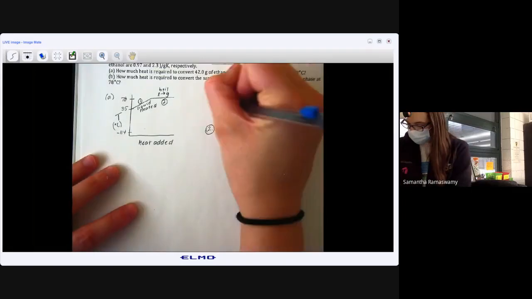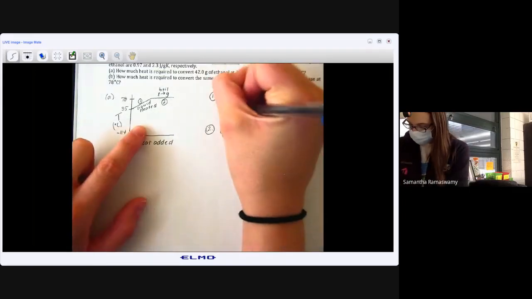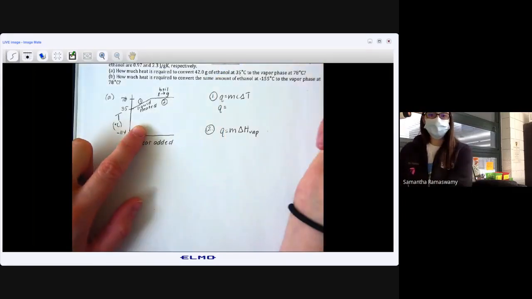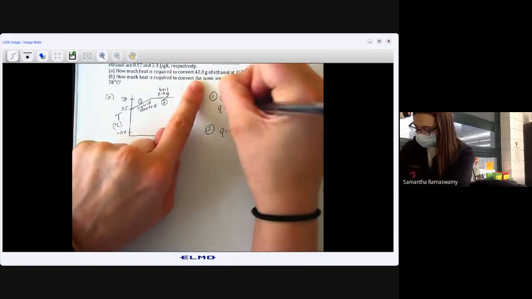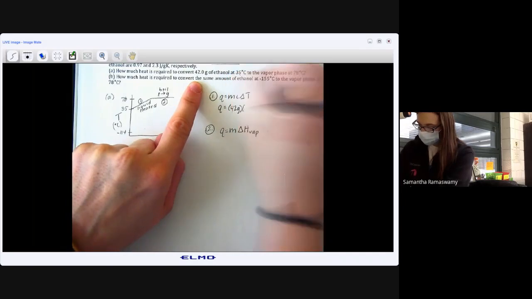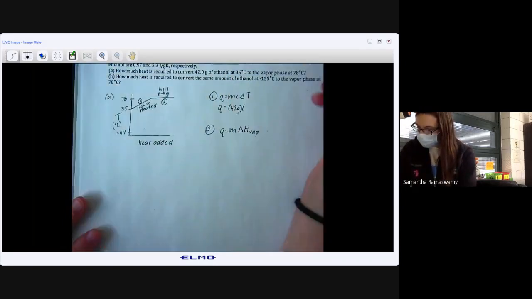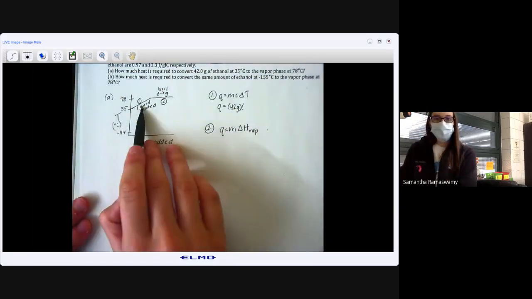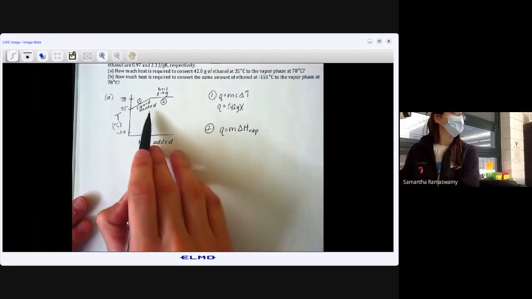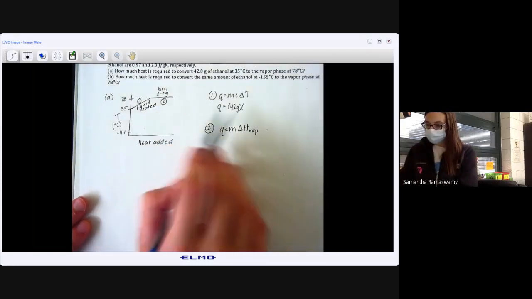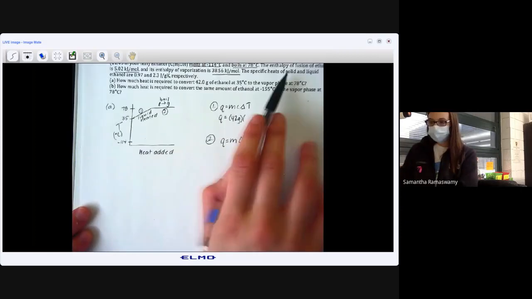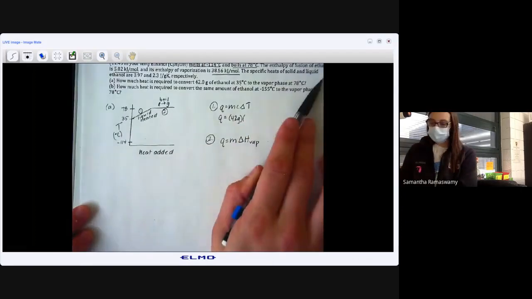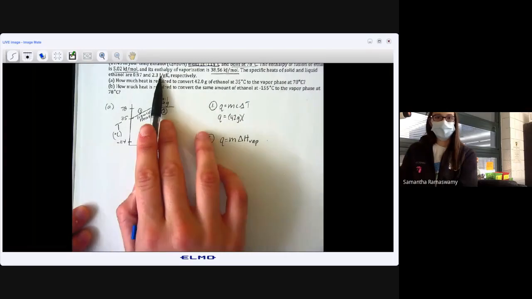So if we look at area number 1, we want to calculate heat. We want to calculate Q. It says that we have 42 grams of ethanol. The specific heat, this is why I labeled liquid being heated. Because for the specific heat, the value of C, we need to make sure that up here at the top, it gave us solid and liquid, so we need to make sure that we're using liquid.